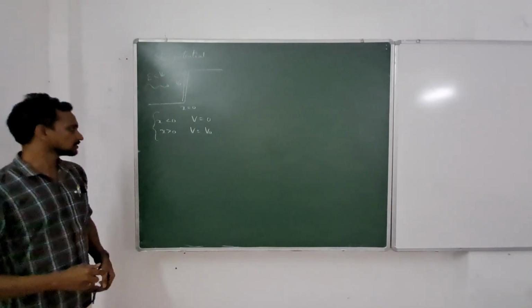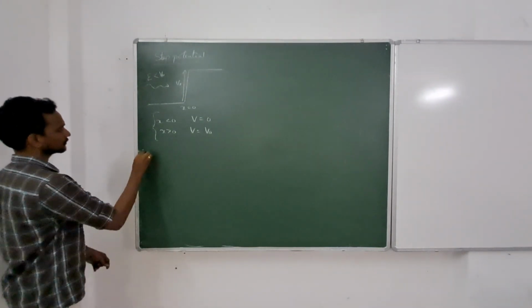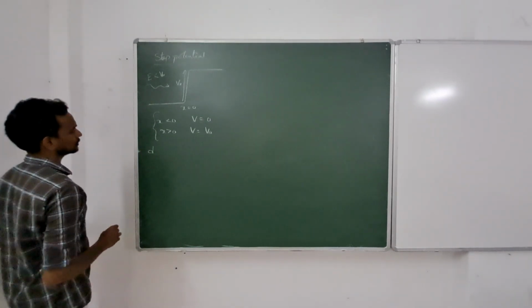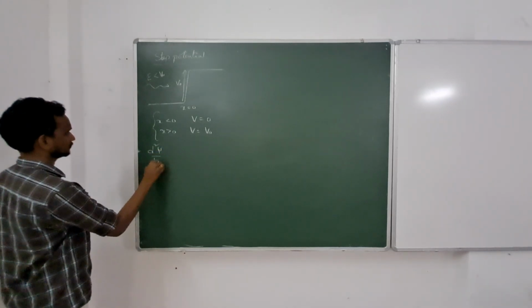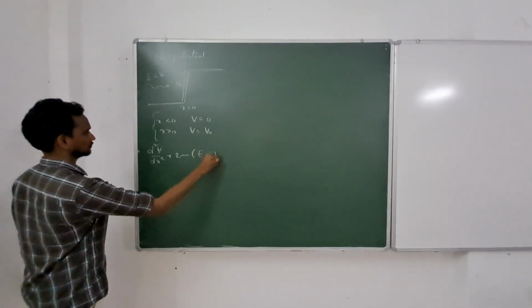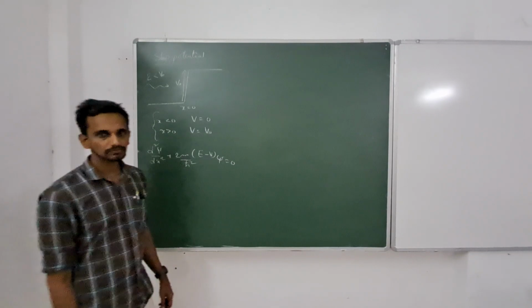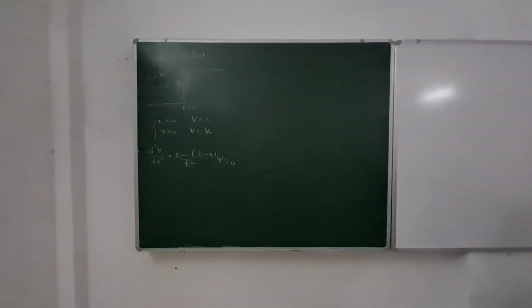Now the Schrodinger wave equation for this system, the stationary state Schrodinger wave equation. This is the Schrodinger wave equation.